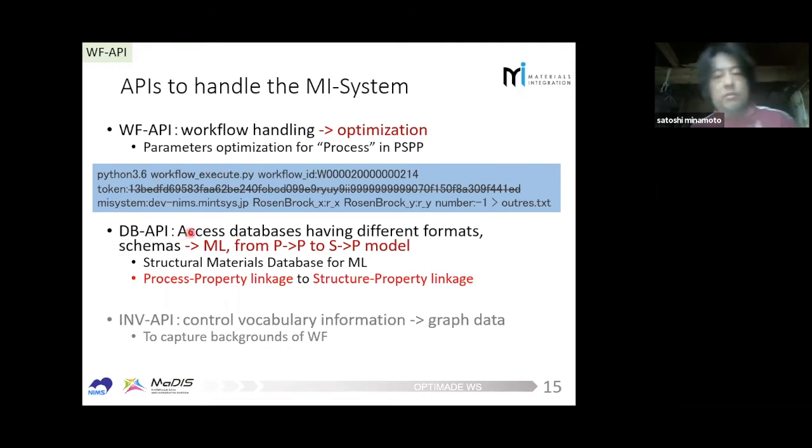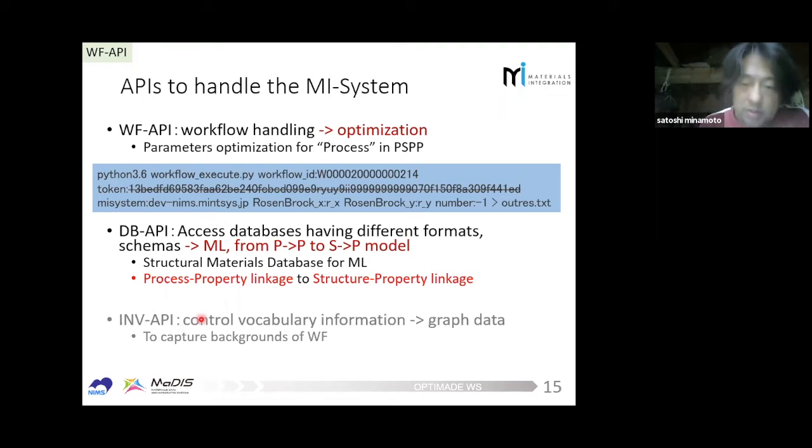A very difficult problem, as you know. So we are now at a very, very early stage, I think. However, we would like to access several databases having different formats. And finally, the vocabulary inventory API, which I won't talk much more about because of the time limitation.